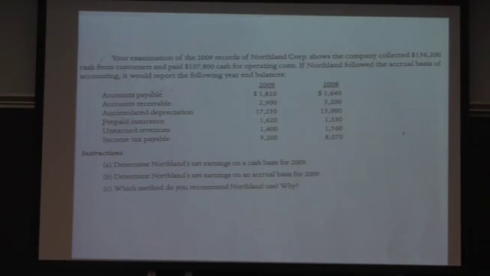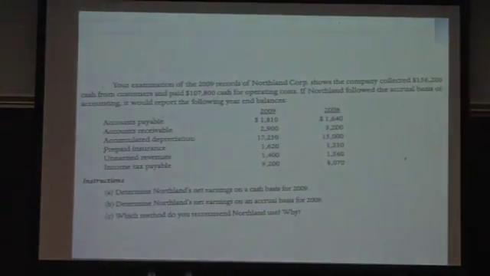So Part A says, what is the net income or net earnings on a cash basis for 2009? And that one there is fairly easy because we know under the cash basis of accounting, revenue is equal to cash received and expenses equals to cash paid.